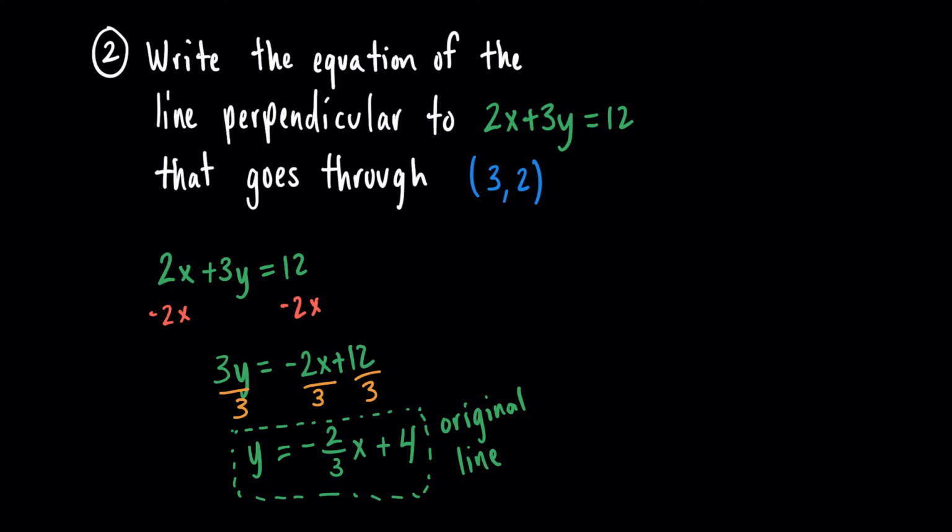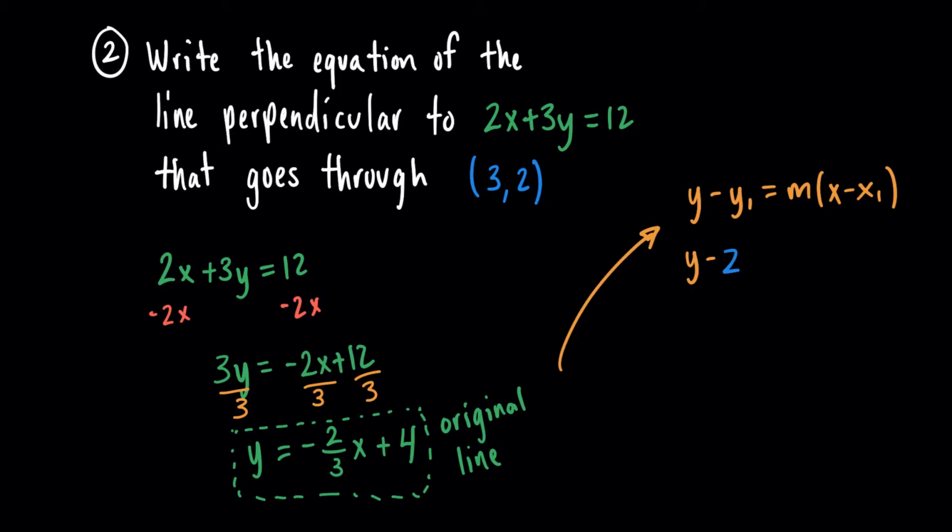So I'm going to come up here and go to point slope form. So y minus y1 is equal to m times x minus x1. And I'm just going to start filling some stuff in. So y minus, and what I'm going to put here is the y value of the coordinate that I'm trying to go through. So that would be 2.